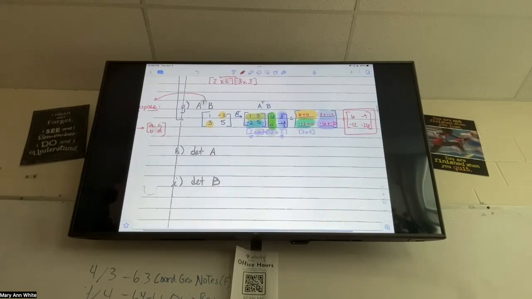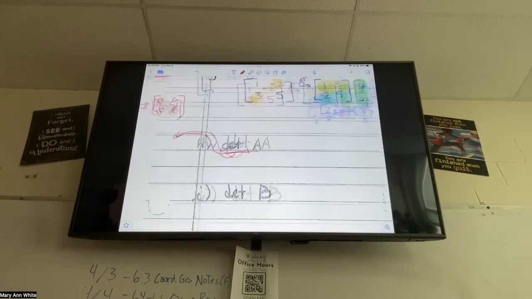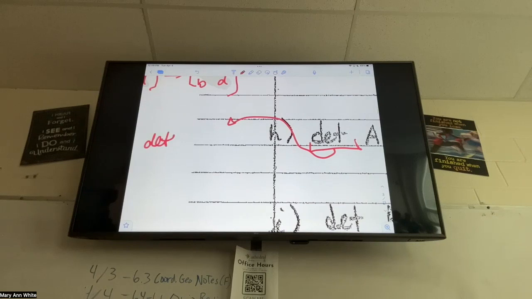Okay, now this one also has something kind of funny, right? It says DET A and then DET B. We haven't talked about DET yet, have we? DET is another word that probably should have been in our definitions. It's the word determinant. The determinant of a matrix.